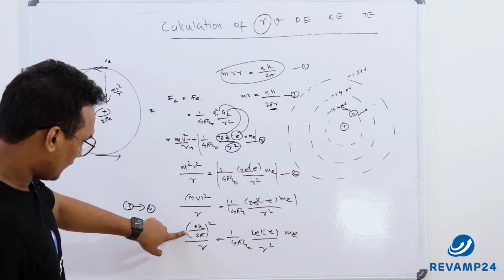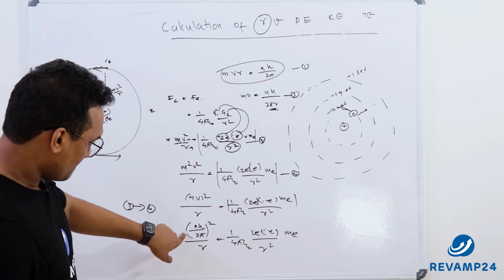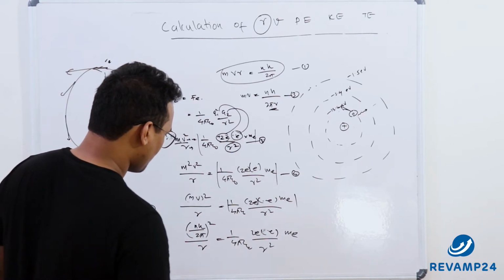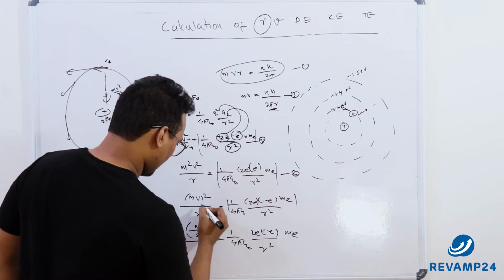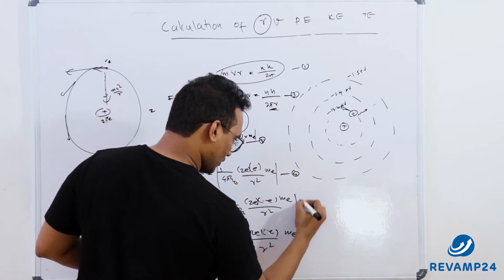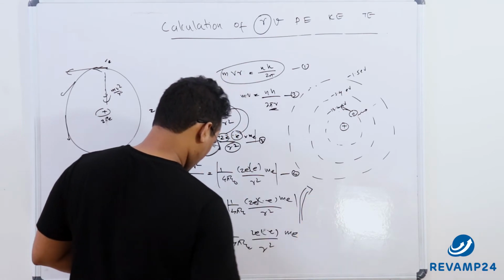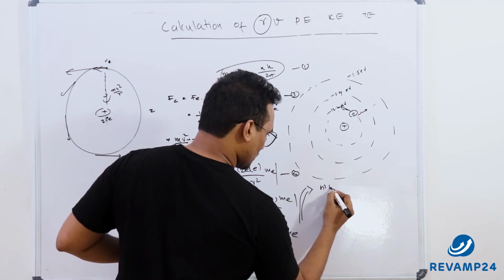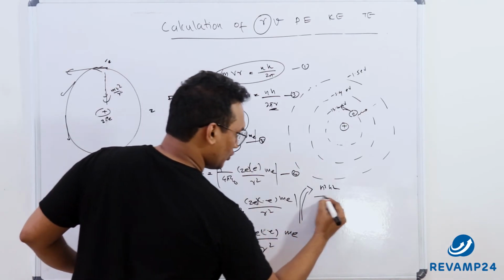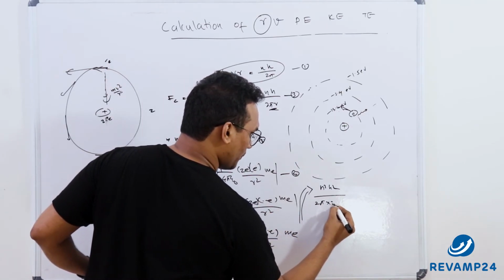Now what we will do, we will square it, nh by 2 pi r, right? nh by 2 pi r. So this is equal to n square h square. This is 2 pi square, right? So 2 pi square can be written as 2 pi into 2 pi.